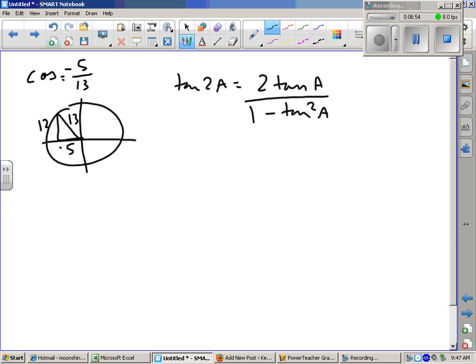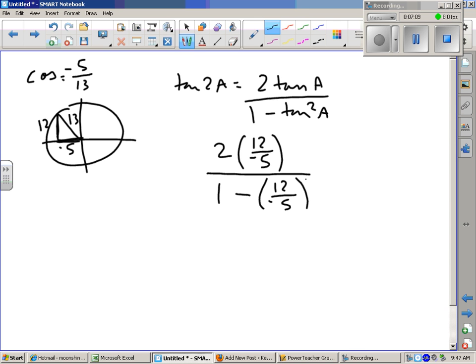Tangent is y over x, so 12 over negative 5. And then 1 minus 12 over negative 5 squared. So on the top, this is 2 over 1, so 24 over negative 5. On the bottom, I get 1 minus, squaring the parentheses, 144 over 25.